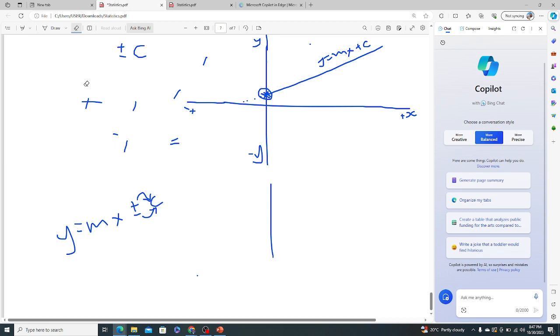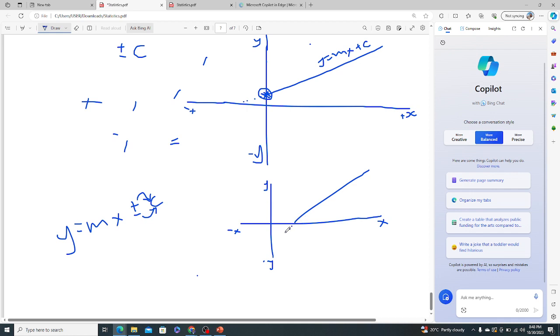What about a case where the regression line passes through the negative side? Let's assume this is negative y, we have negative x, we have y, and we have x. Then we have a regression line which cuts the y-axis.